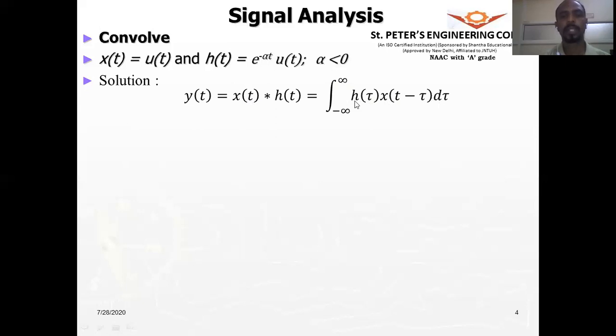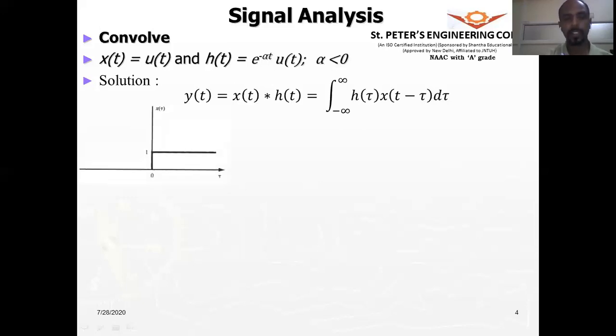Now you see that convolution obeys the commutative property. That means x of t convolved with h of t, or h of t convolved with x of t, both will give you the same result. So therefore, this is what we are getting.